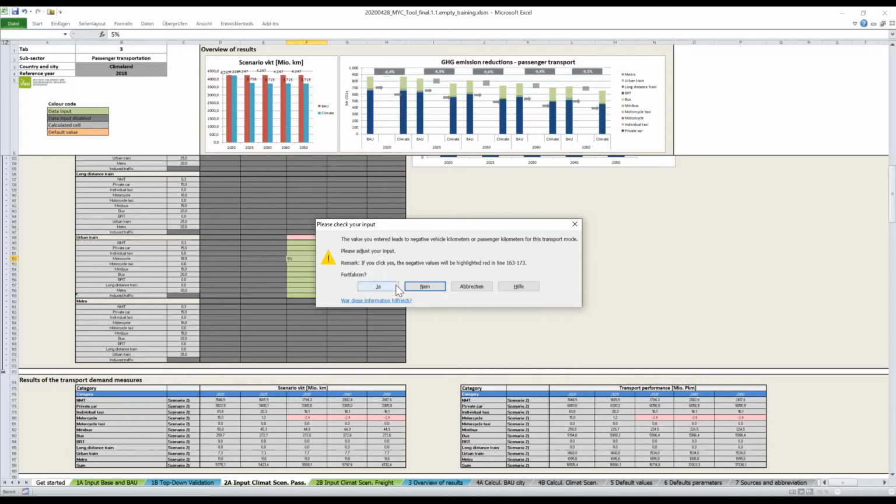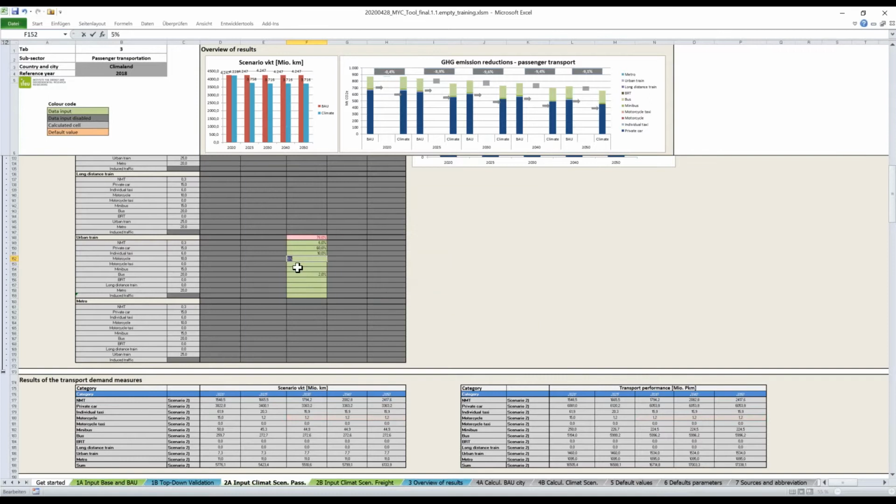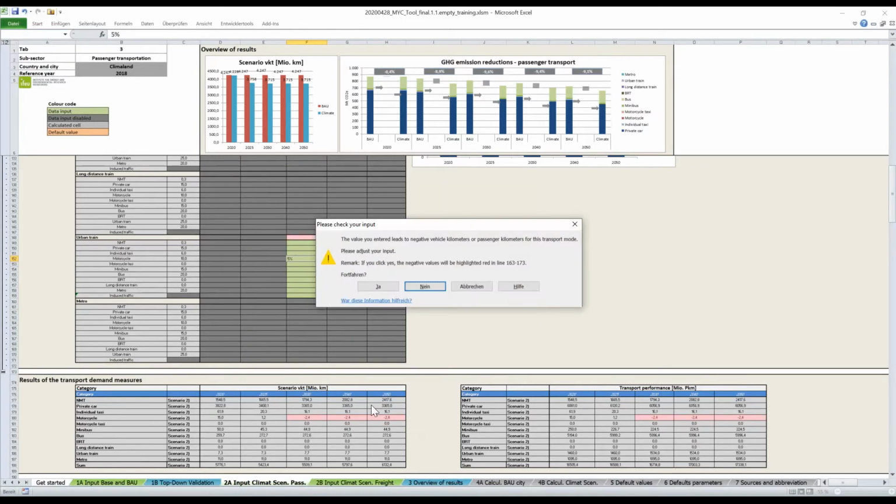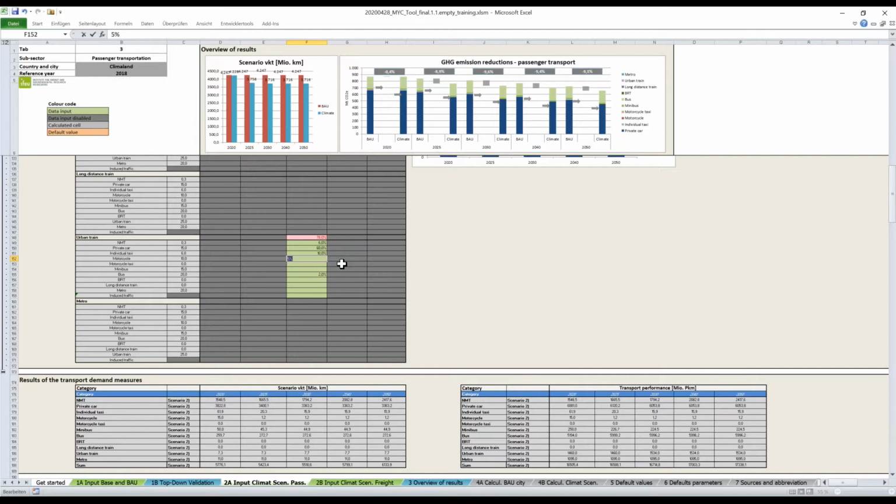Actually, you have seen below, if I enter here, it's in red, because if you say that 5% of the new tramway users are coming from the motorcycles, actually the number of kilometers of motorcycles is negative, which of course can't be the reality.